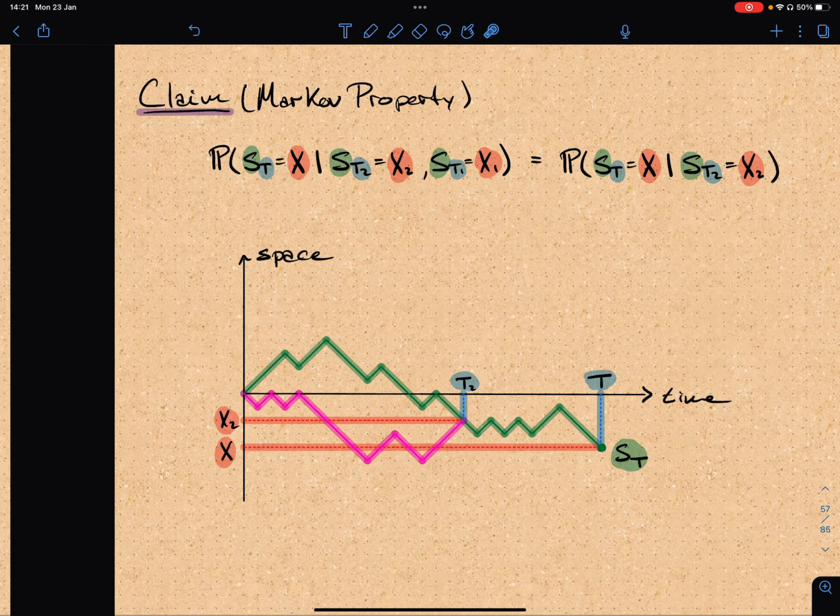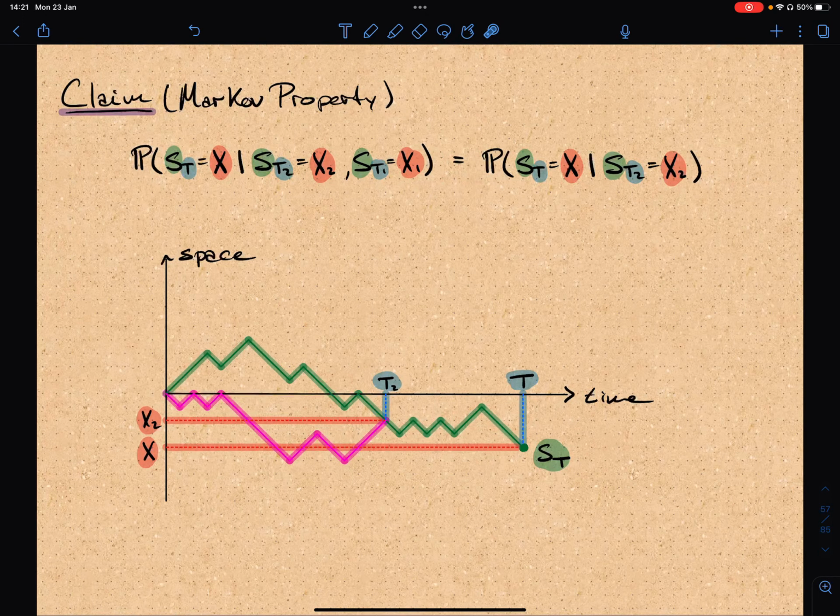So where was t1? t1 is right here. And this is saying that this probability is independent of what happened at time t1. It only depends on what happened here at t2.